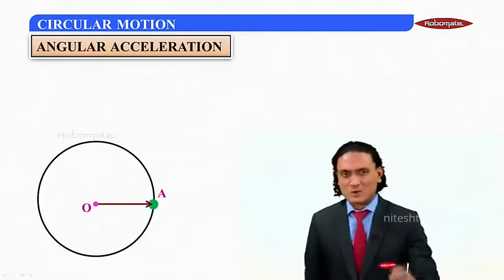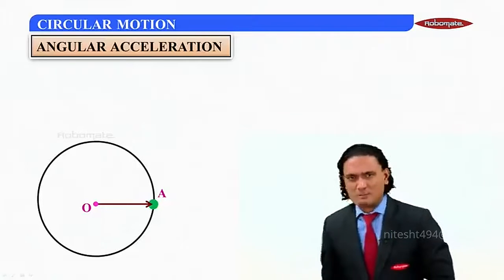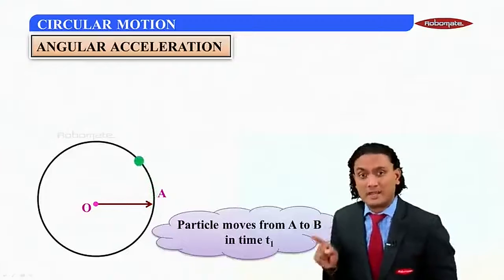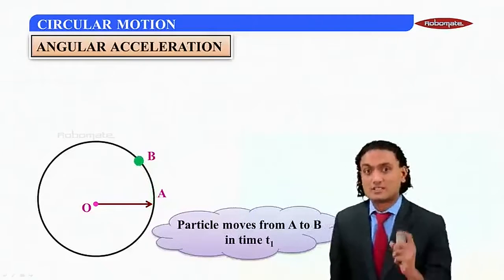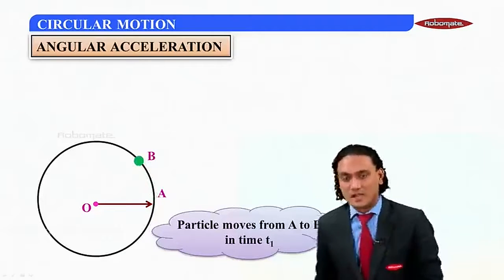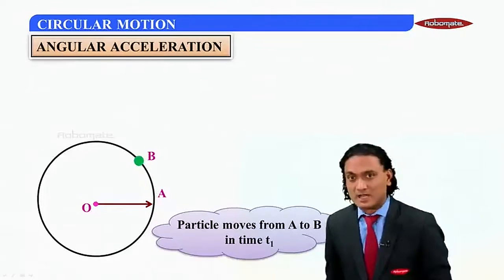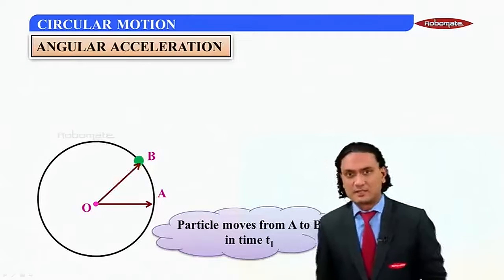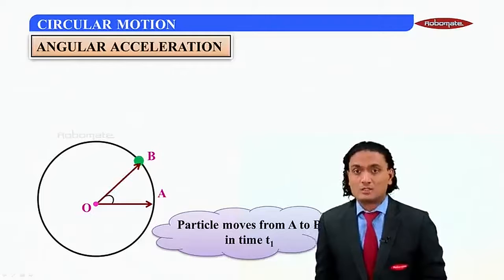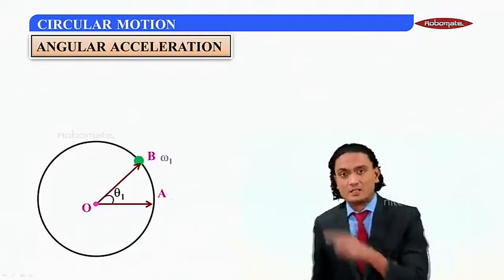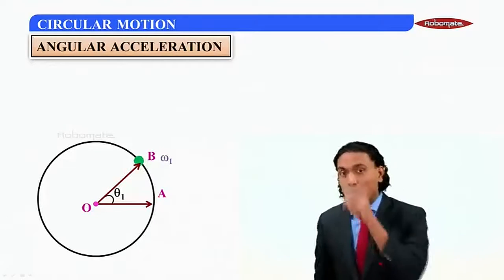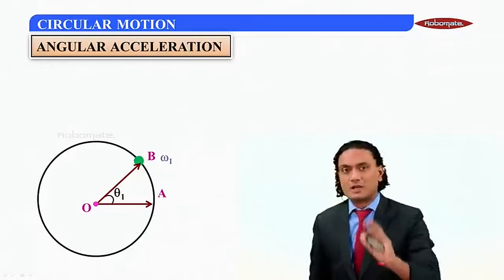Now students, let us assume that this particle is moving from position A to another position B in time t1. Now OB will become the radius vector. The radius vector has swept through an angle. So theta 1 is the angle swept by the radius vector, and the particle will have some angular velocity. Omega 1 is the angular velocity of the particle.